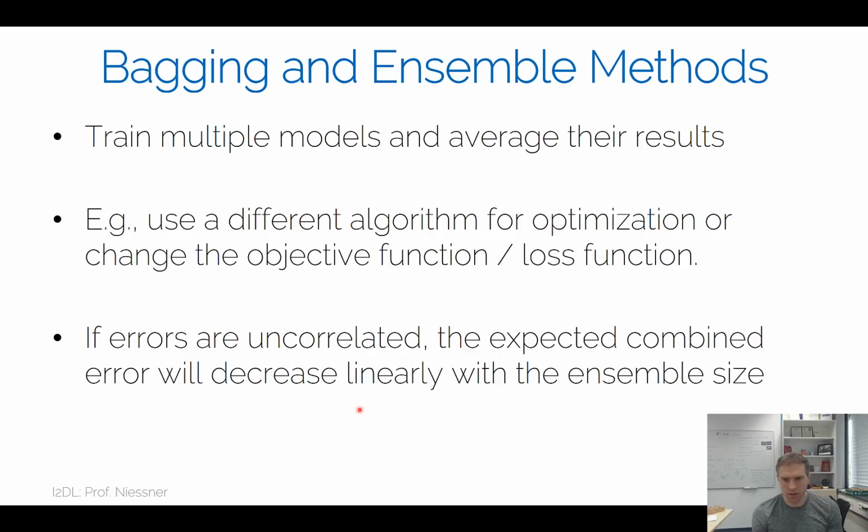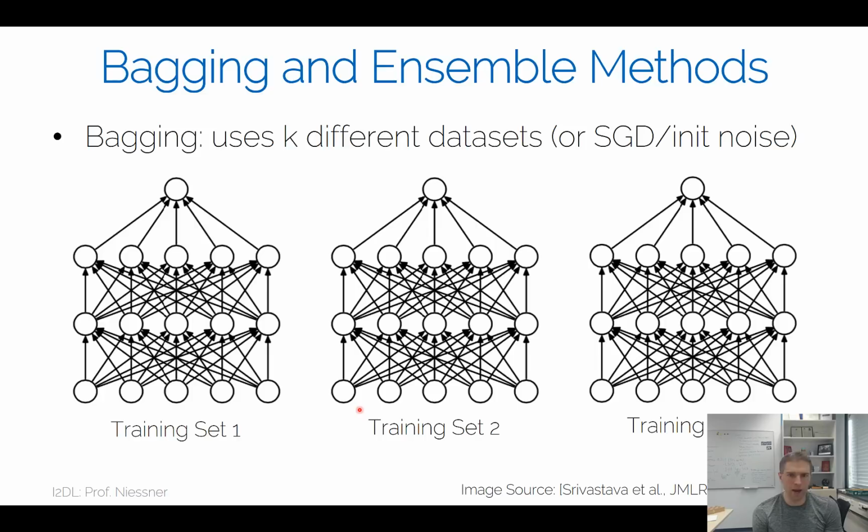Okay, you can even go further and do bagging using different data sets. You can have different training sets and train multiple networks on them, and then do the same idea and do some voting or averaging of the resulting outputs, and then get better results at the end of the day.